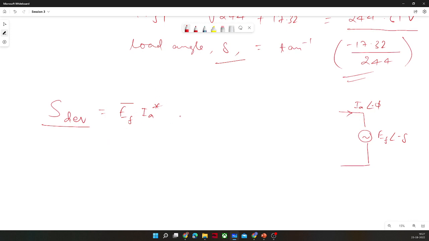The change would be mod EF angle minus delta in place of VT angle 0, multiplied with IA angle minus phi. You know the IA expression, and EF is anyway there. So you can easily solve this problem based on power, reactance or current of a synchronous motor or generator. It is very easy.